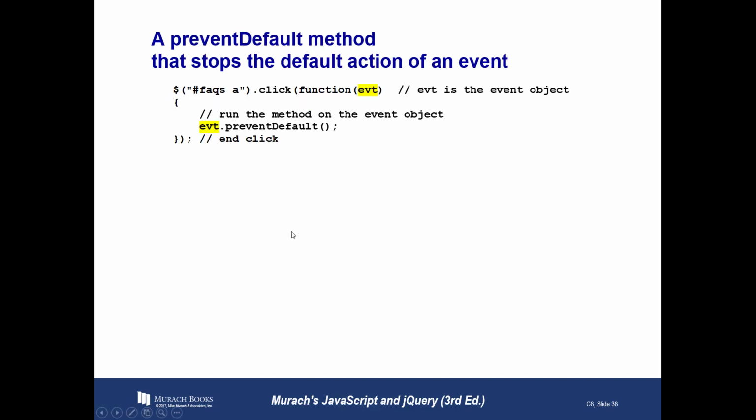You'll get practice in this class, I guarantee it. So here, as it says, run the method. Here we want to do basically a click on all anchor tags that are direct descendants of an ID named FAQS. This says make sure when you click the tag it doesn't go anywhere.